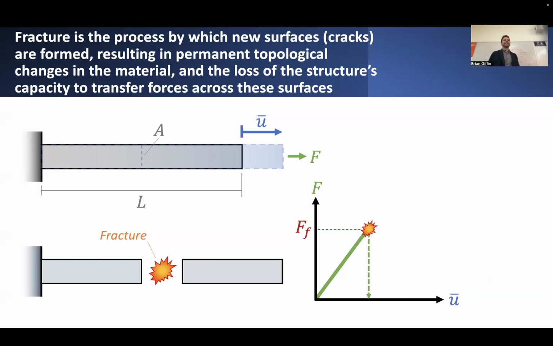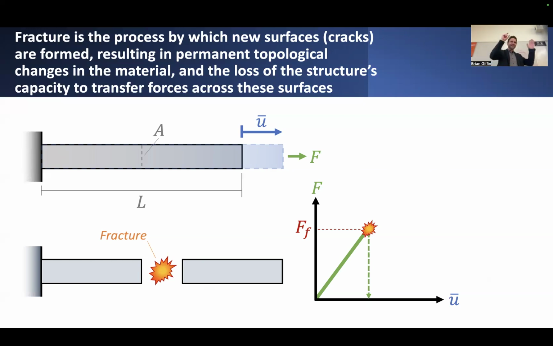For the sake of this example, suppose the loading I apply is displacement controlled. Rather than applying some fixed force to the end of this bar, imagine I have a clamp that allows me to tug on the end of the bar and control the displacement.